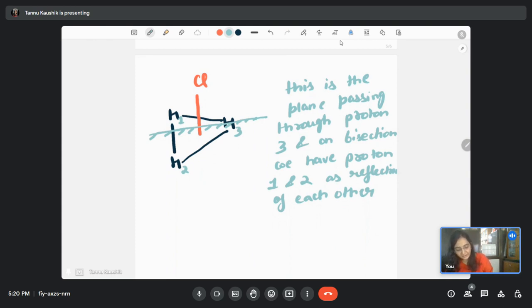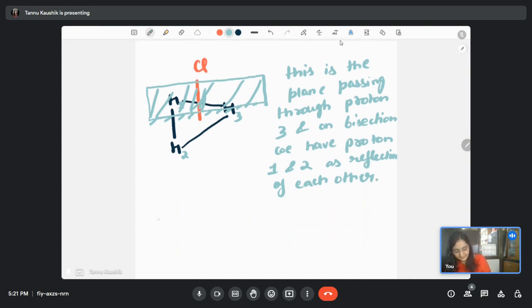So this plane will contain this chlorine atom in it. If I represent it like this, similarly, we can do a bisection through proton 2 and proton 1.